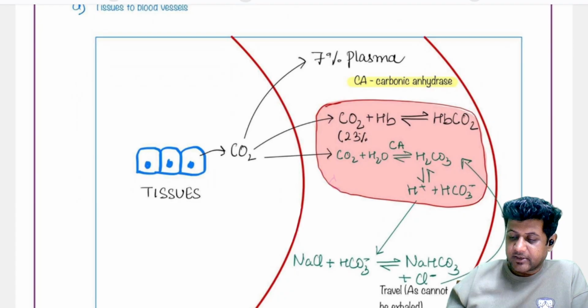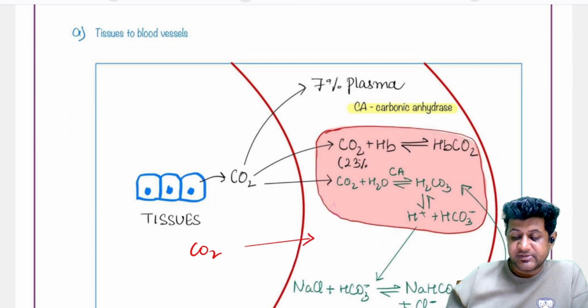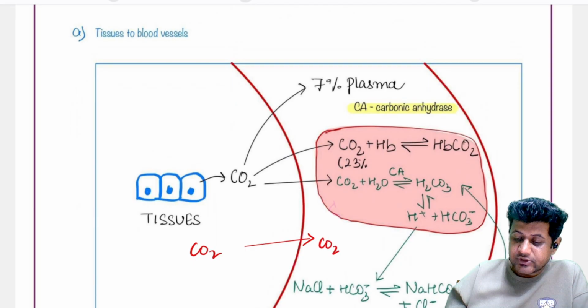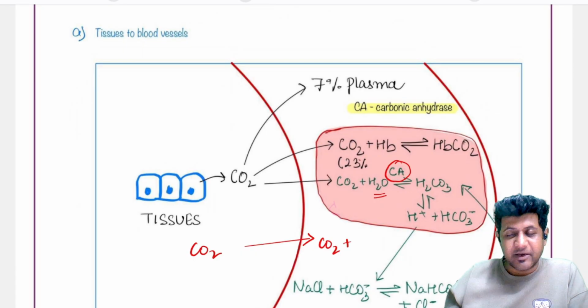So when CO2 comes inside the blood, that particular CO2 will combine with a water molecule with the help of the carbonic anhydrase enzyme.